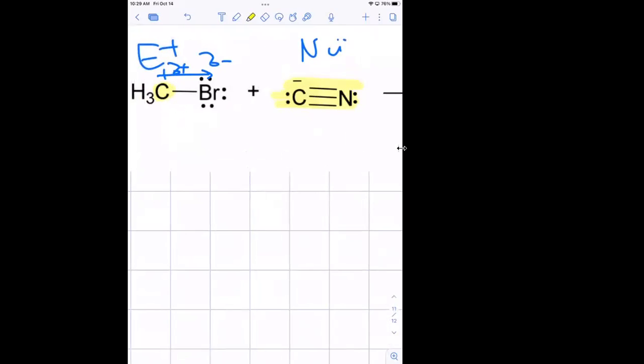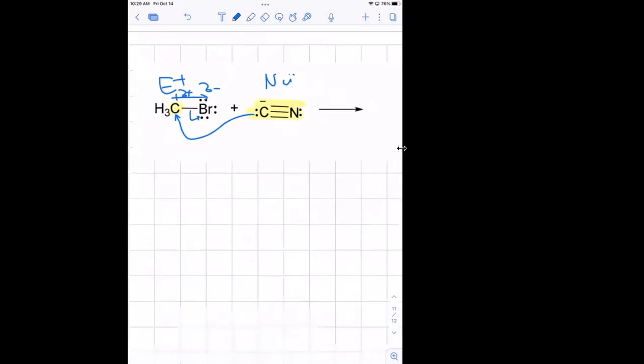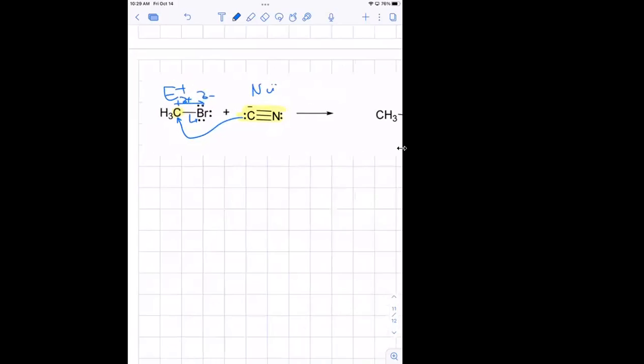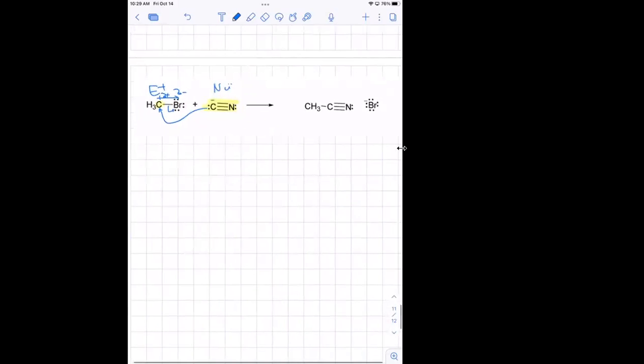The carbon is reacting, not the bromine. So when the nucleophile attacks, it's going to find that positive site in the electrophile, so it's coming here. What is bromine in this case? What would we call it? Leaving group. Good.